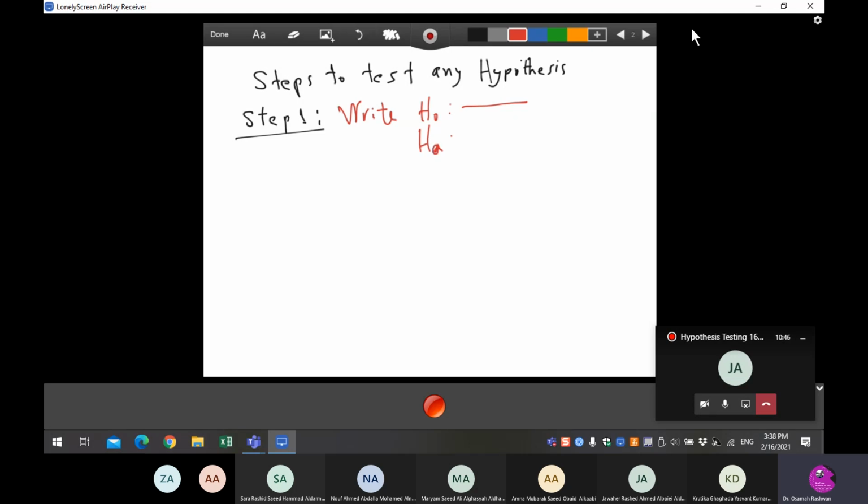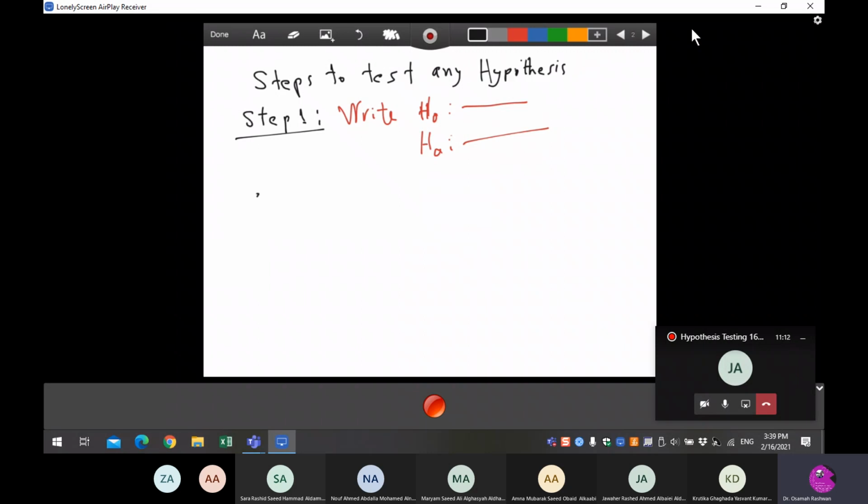Some people call it H1. I don't mind if you call it H1, but I prefer a word that refers to the name. H1 will not give me any indication of the concept, but HA gives me the first letter of the alternative hypothesis. So I'm going to write the hypothesis.